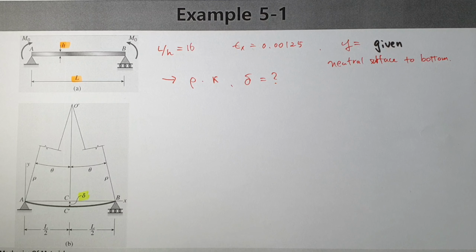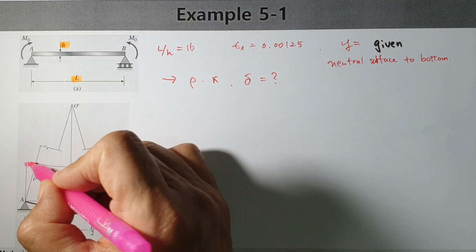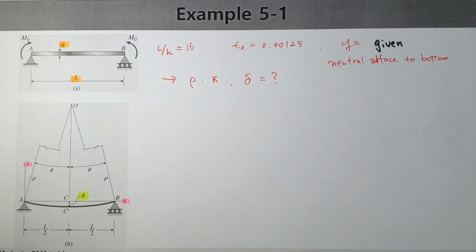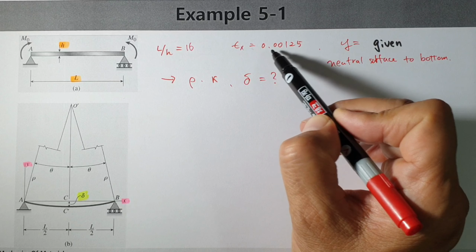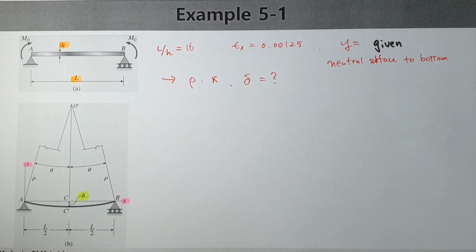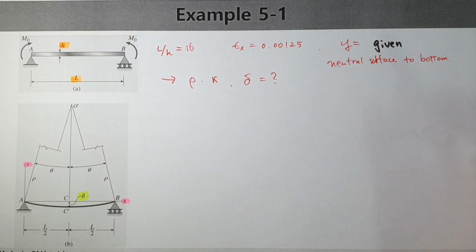Okay, let's say this direction is X, and this direction is Y. When you introduce it like this, then the value of epsilon x, the x-direction strain, is given, and some other factor from the neutral surface to the bottom is also given.